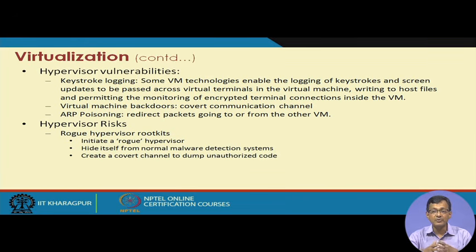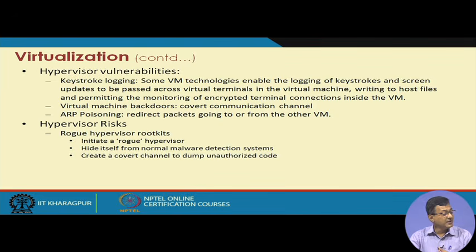These properties become a threat, right. There are hypervisor risks, like rogue hypervisor rootkits, which initiate a rogue hypervisor that creates havoc in the system, hides itself from normal malware detection systems, and creates a covert channel to dump unauthorized code.